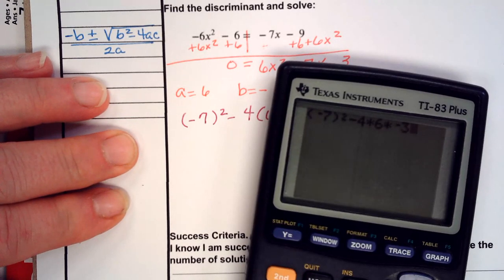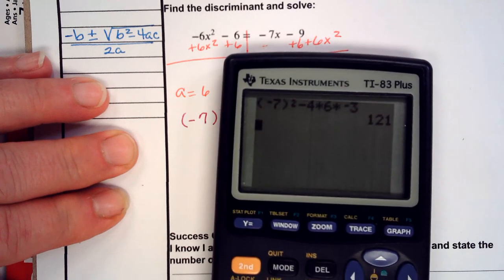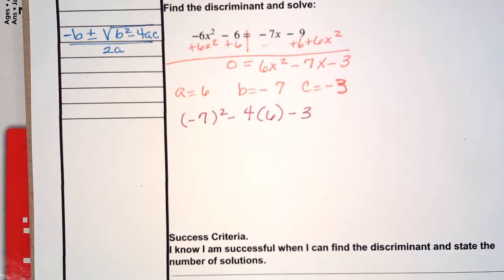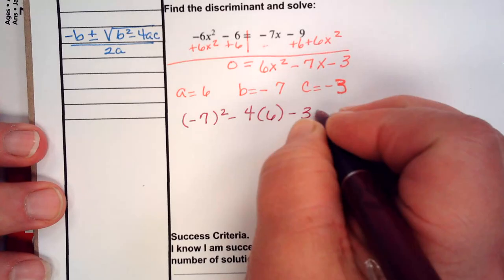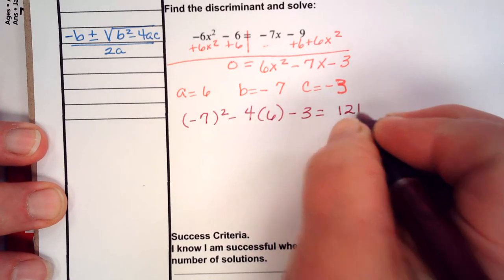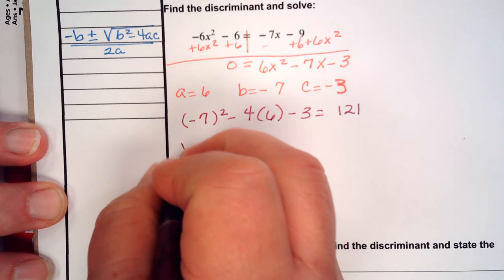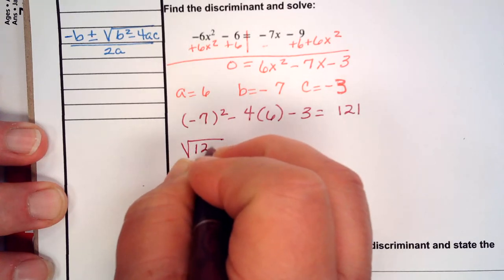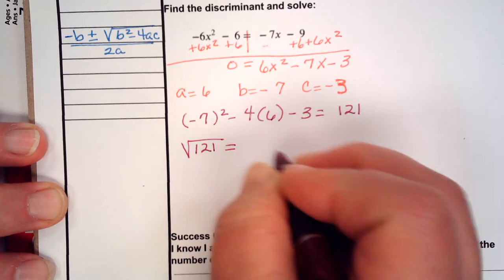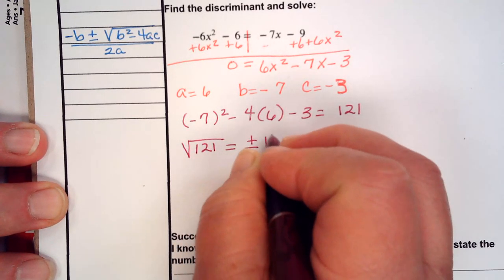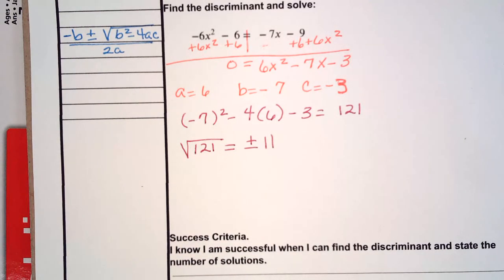And that gives me 121. The square root of 121 is positive or negative 11. You could have looked on your multiplication tables to find that if you did not know it.